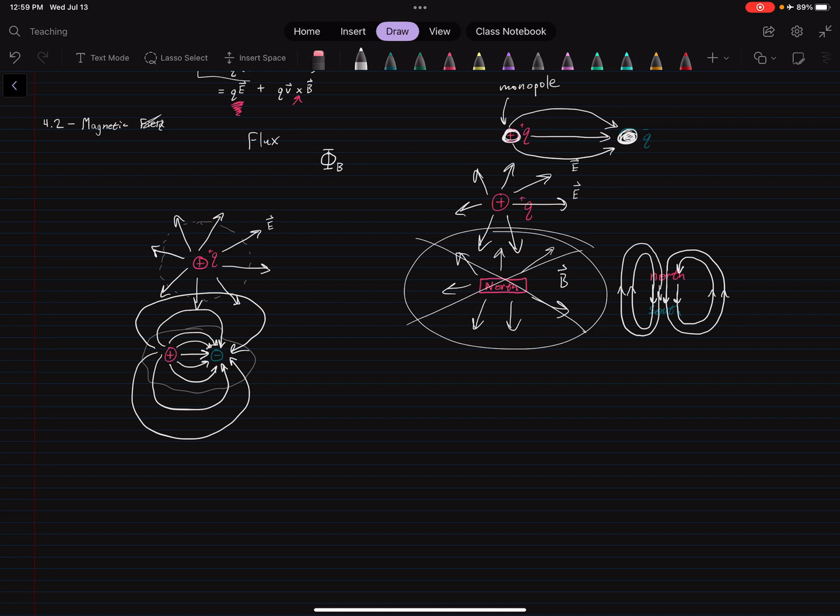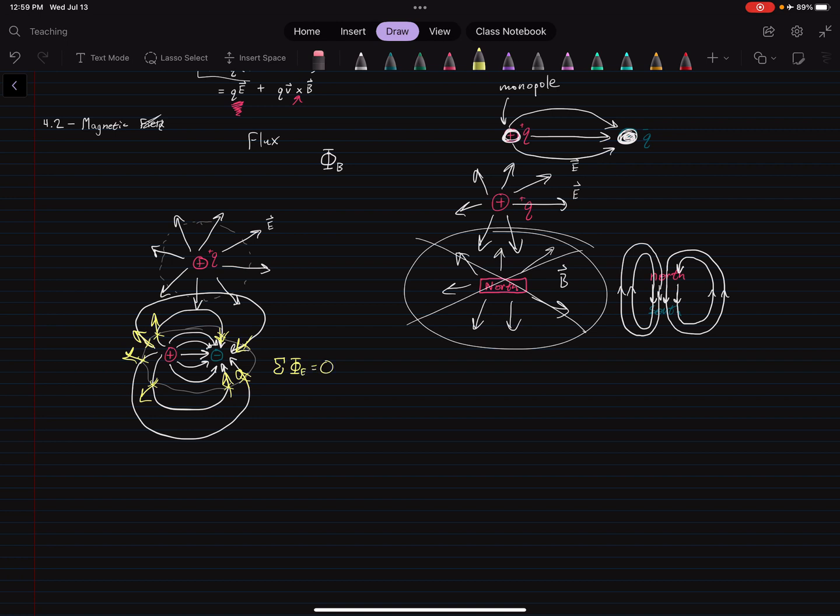For every bit right here and right here and right here, these lines are representing flux. And for every amount that is going out on this side, there's an equal amount of inward electric flux. And so the net electric flux in this case would be 0.